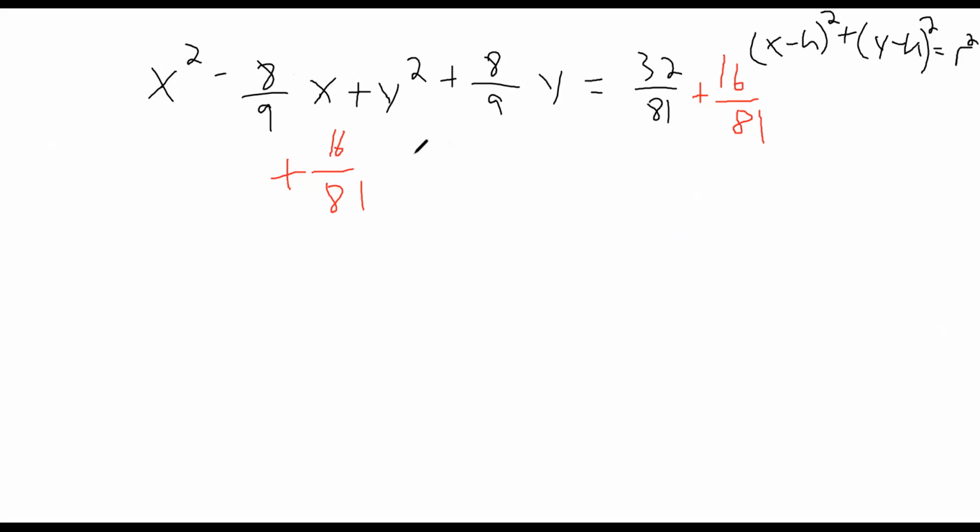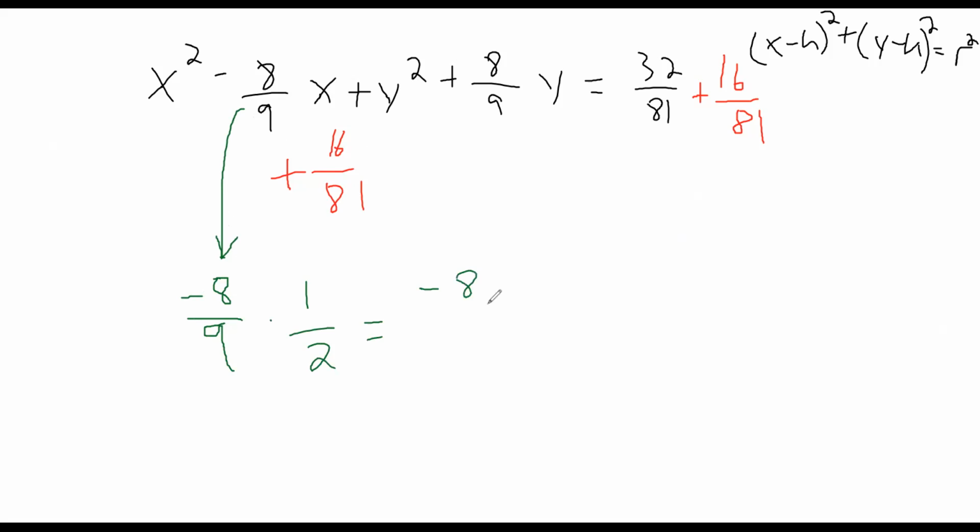Anything you add to one side, you do to the other. If you choose to add that 16/81, you have to add it to the other side. And then square it, and then you add it to both sides. That's our completing the square process. We take half of that, so you could say you're multiplying by a half.